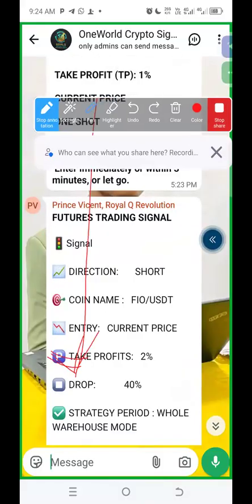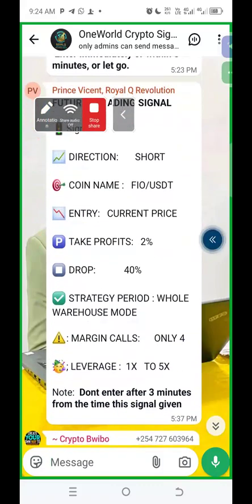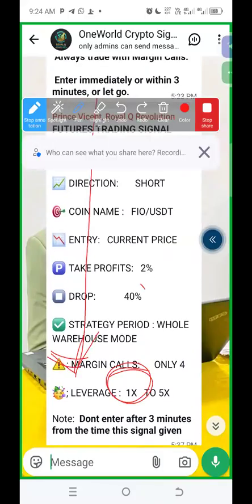Now, you see, 40% drop. Do you get it? 40% drop.